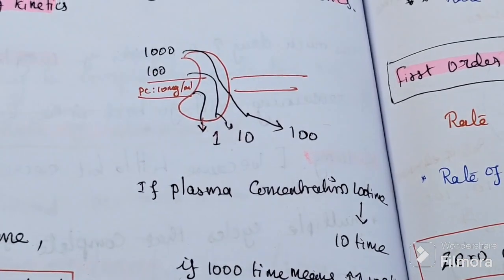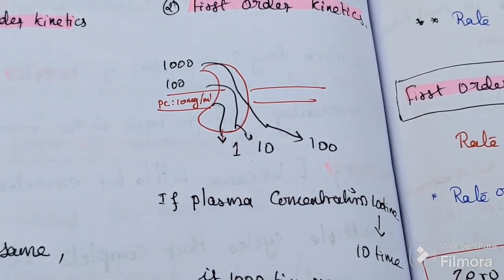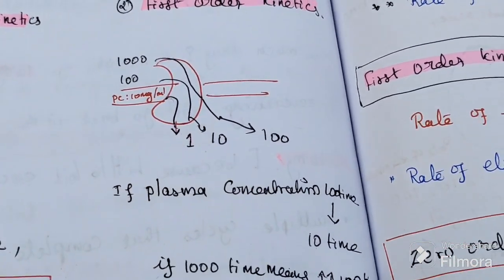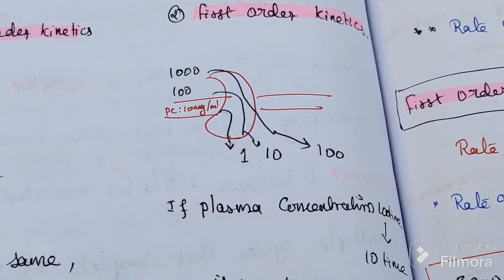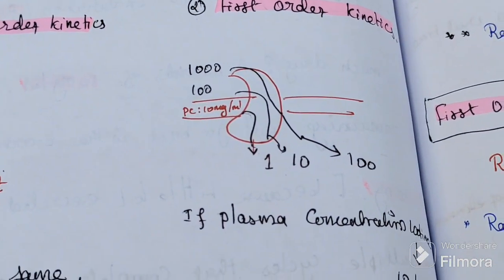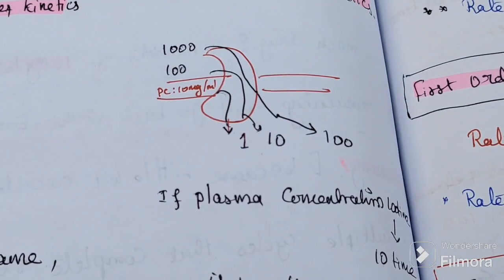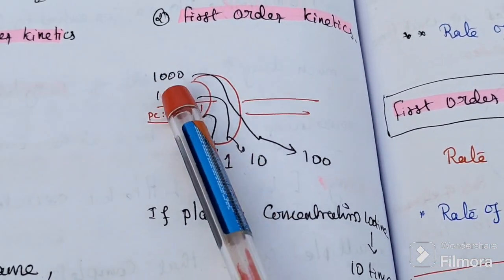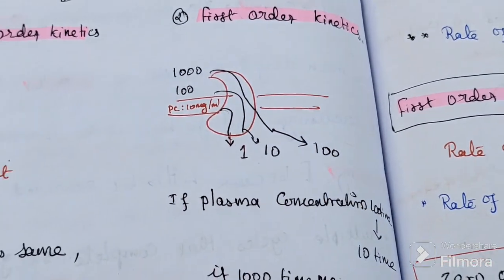So instead of 1, it will become 10. Here we are giving 100, here it is 10. If we increase 100 times, it will become 1000, and excretion will also increase 100 times. Here 100 means here 10, here 1000 means here 100.